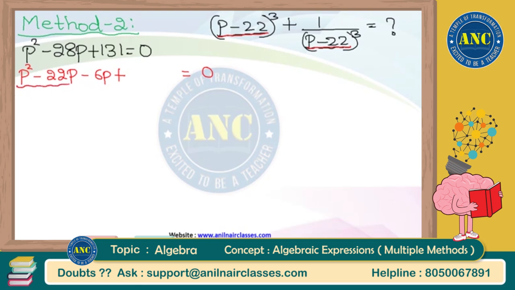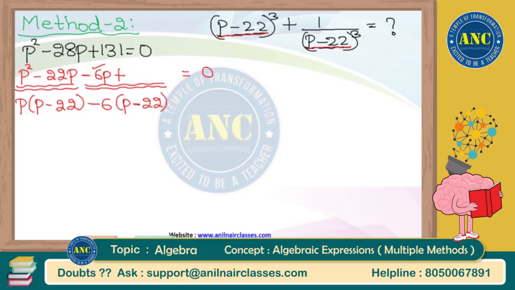If I take P common in this, it becomes P into P minus 22, and if I take minus 6 common in the next two terms, I will just write P minus 22 here. Now observe, minus 6 into P is minus 6P, which is what I have here also.